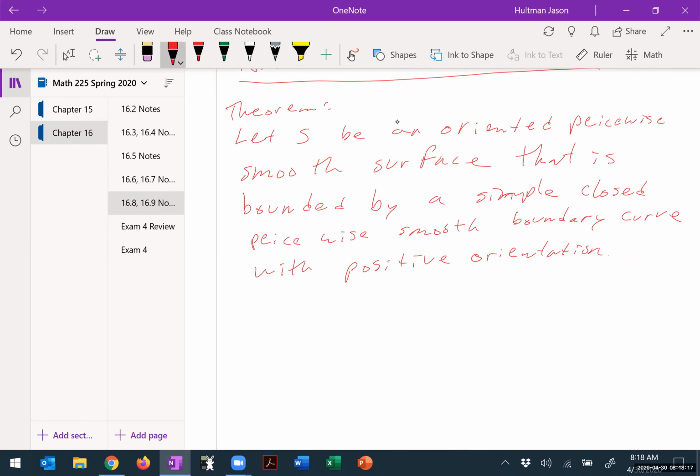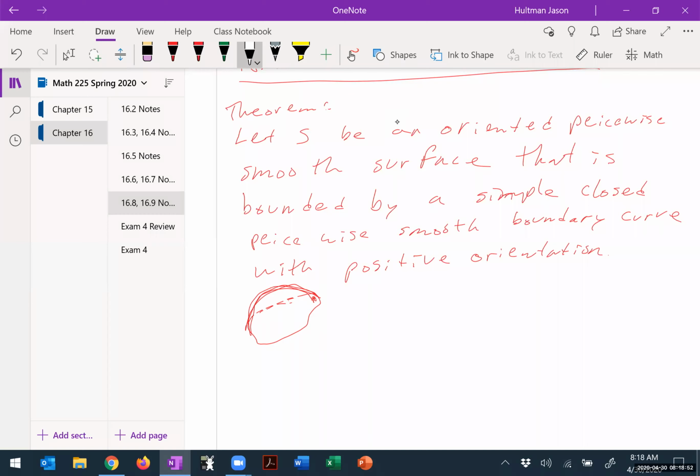So what does that look like? Say that we have this surface, and the idea that it's opening upward.